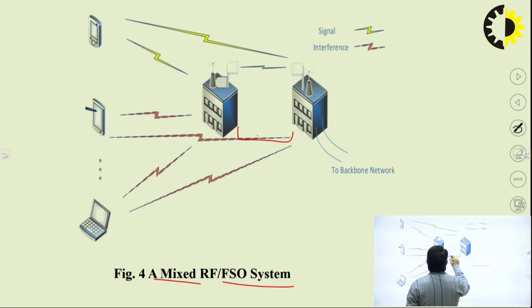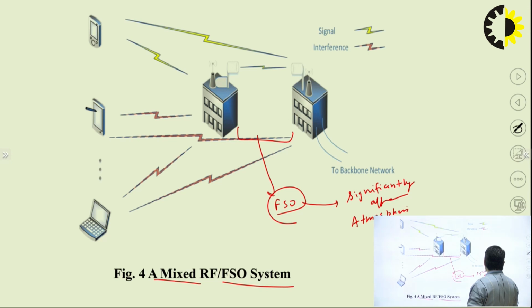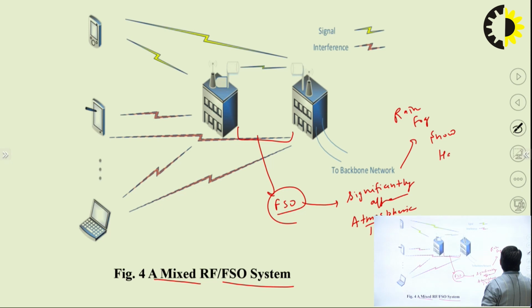Along with this FSO link, we know that the performance of the FSO system is significantly affected by atmospheric turbulence, that is due to the presence of rain, fog, snow and haze.